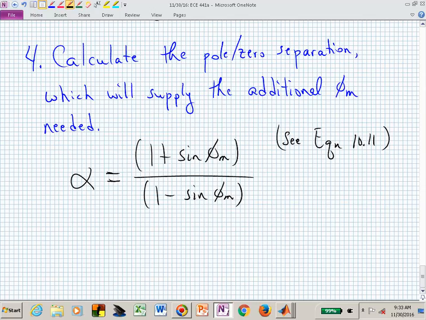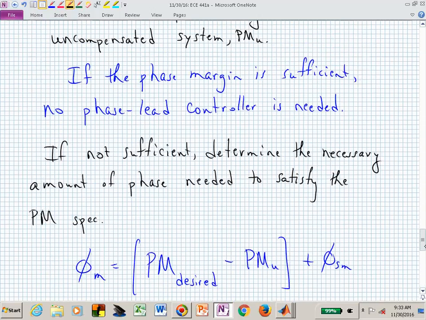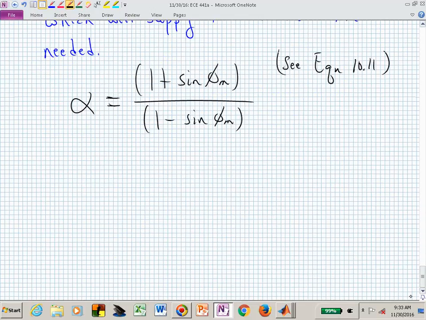I solved for alpha so that now all you need to do is go from step 3 to step 4. And if you wanted to see the relationship between phi sub m and alpha, you could see that in figure 10.4.